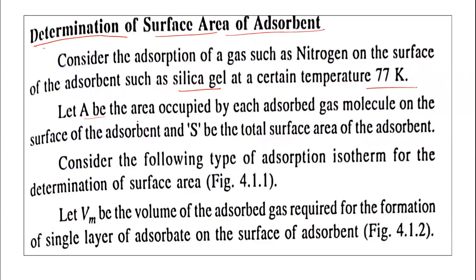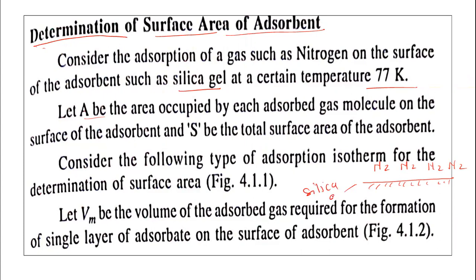Let A be the area occupied by each adsorbed gas molecule. Suppose that this is the surface area of the silica gel, and the nitrogen gas is adsorbed here, on the surface of the adsorbent, which is silica gel.